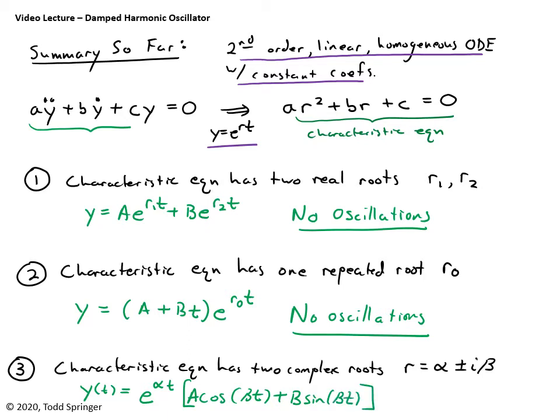So here you have oscillations because you have sines and cosines in there, and you have a time-dependent amplitude. So your amplitude is the thing out front here, which depends on time. So oscillations with amplitude depending on time.